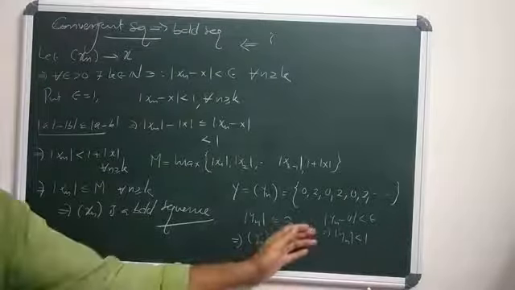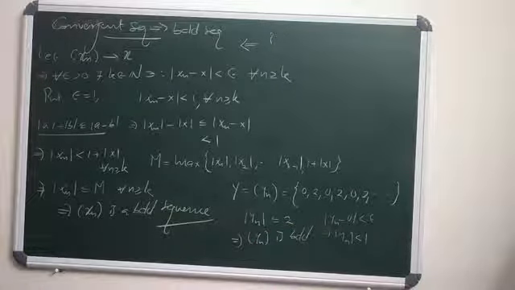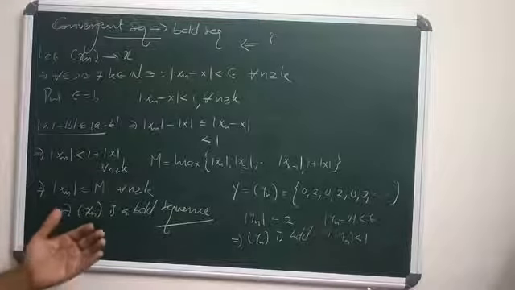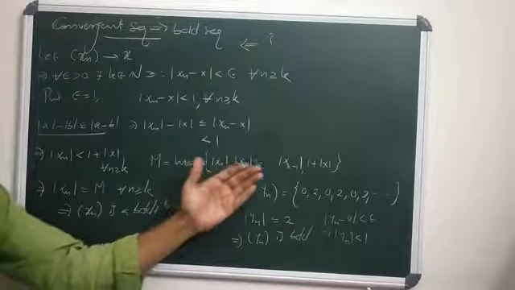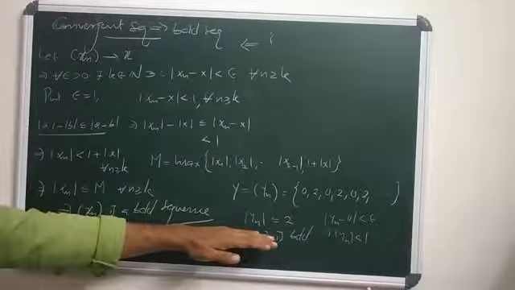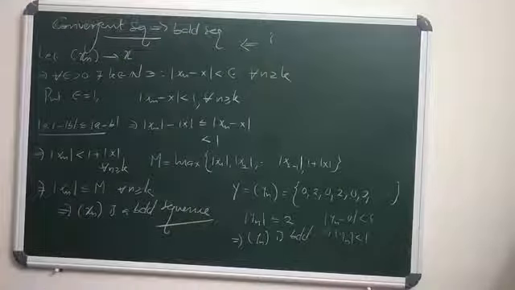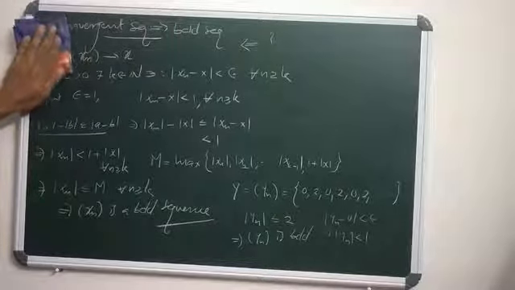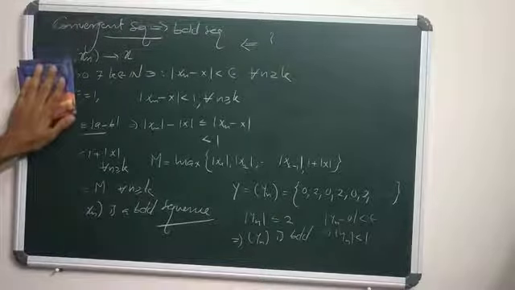So it does not converge to 0. Thus the sequence is not convergent, but it is bounded. A convergent sequence is always bounded, but a bounded sequence need not converge.